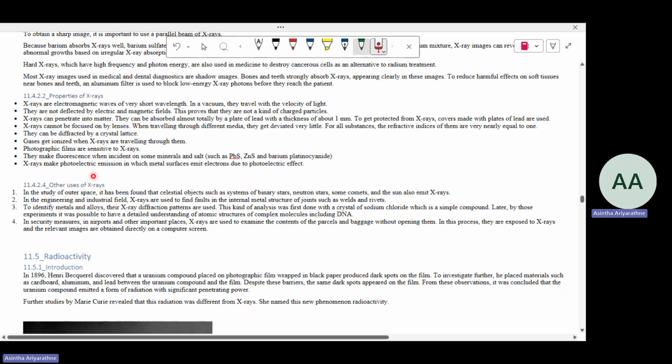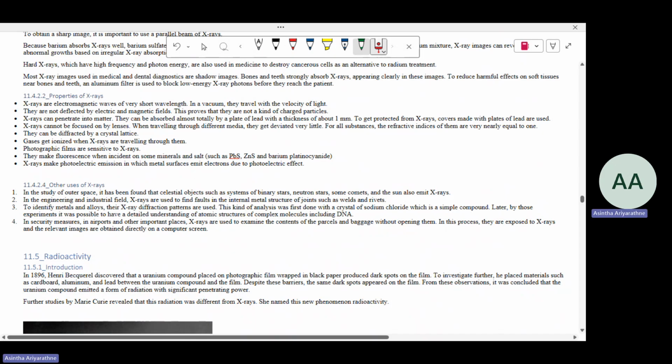X-rays make photoelectric emission, which we discussed before.